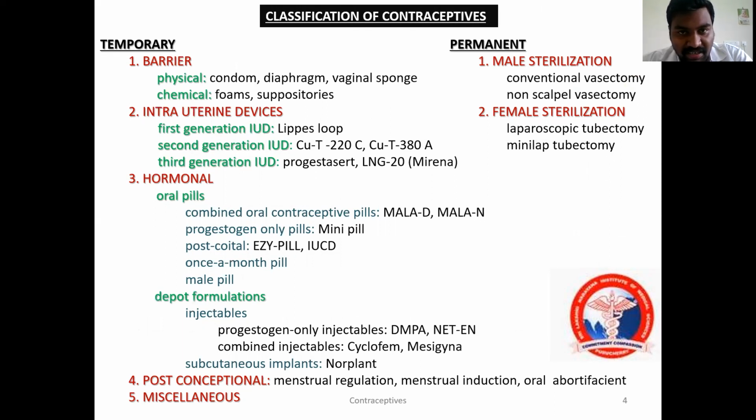Under miscellaneous, there are natural methods and also coitus interruptus and so on. When we come to the right side arm, that is permanent method, there are 2 things: male sterilization and female sterilization. Okay, this is a broad classification: temporary method and permanent method.